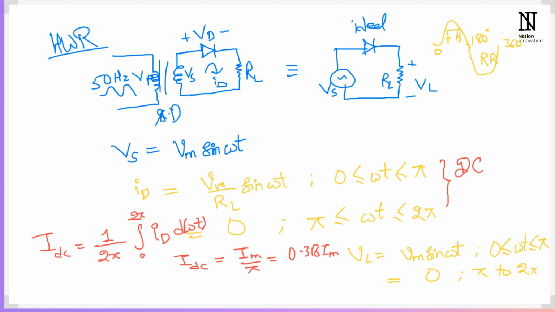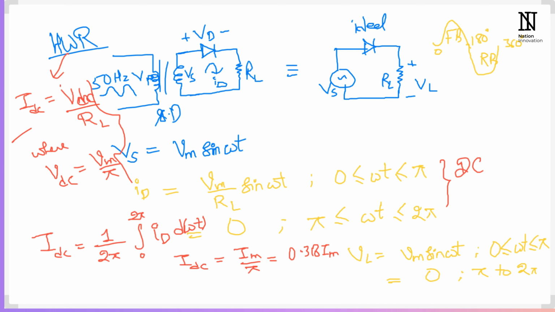So for the half wave rectifier, we have IDC equals VDC upon RL, where VDC is given by maximum voltage upon pi. These are the important DC values for current and voltage.